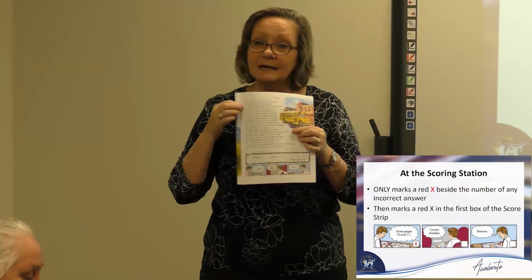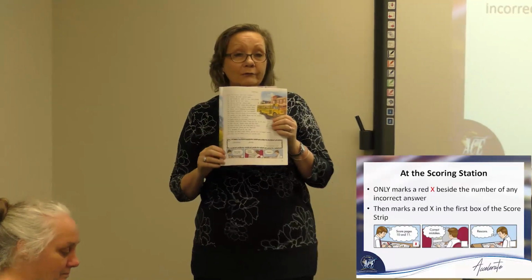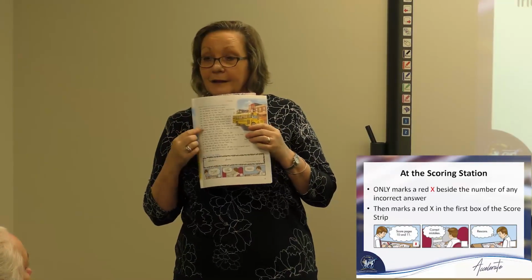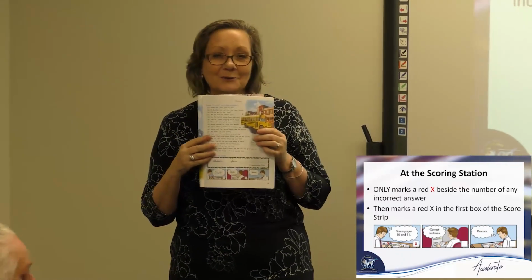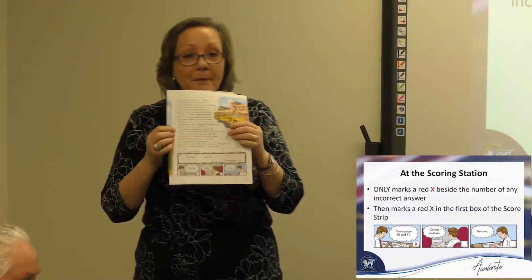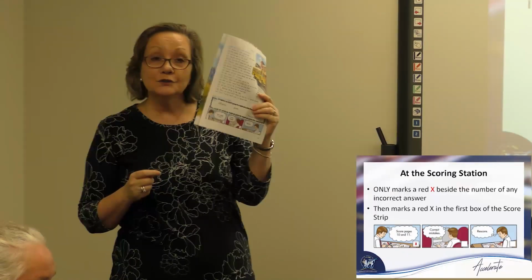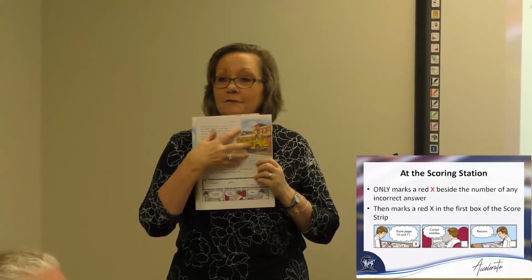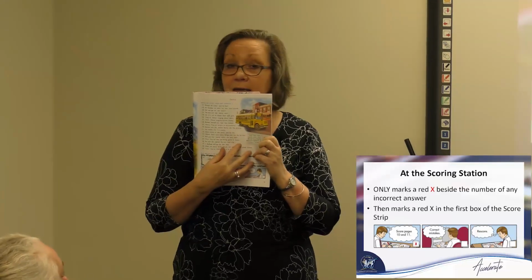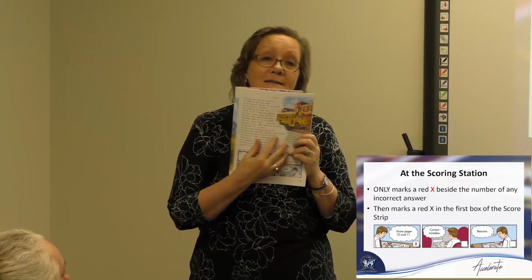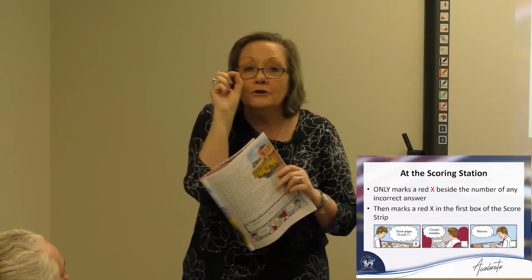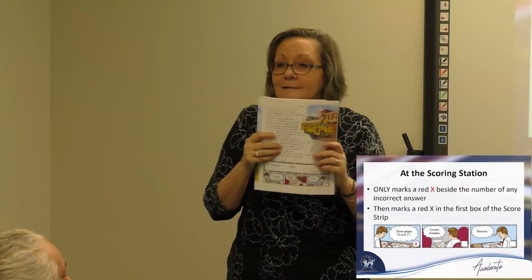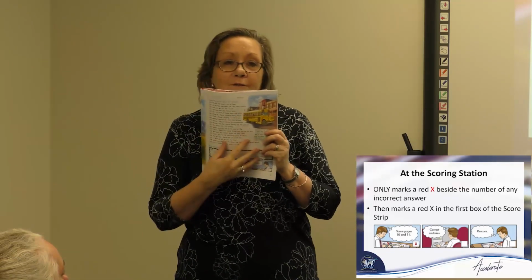It goes down here. Now, this is for quite a few reasons. One, it helps them not to cheat, and we'll talk about how they do that at the score station when we do the cheating. But for the monitor and the supervisor, if you are looking for X's in particularly dense text like this, it can be very, very hard to see them, particularly if some students, you know how some students do that minute, tiny little X. If they've got it in here, it's very hard to see.